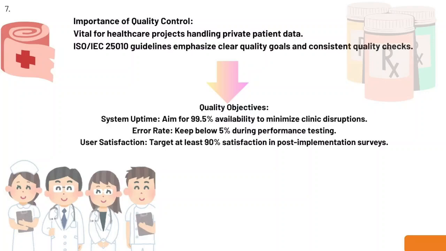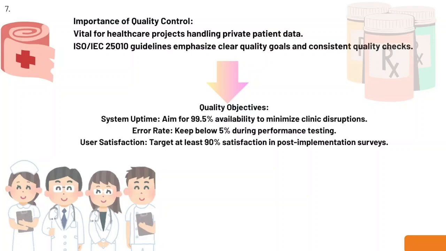For example, we aim for system uptime of 99.5%, an error rate of less than 5% during performance testing, and a user satisfaction rate of at least 90% after implementation. These targets help us stay focused and accountable. To achieve these goals, we've built a comprehensive quality assurance strategy.